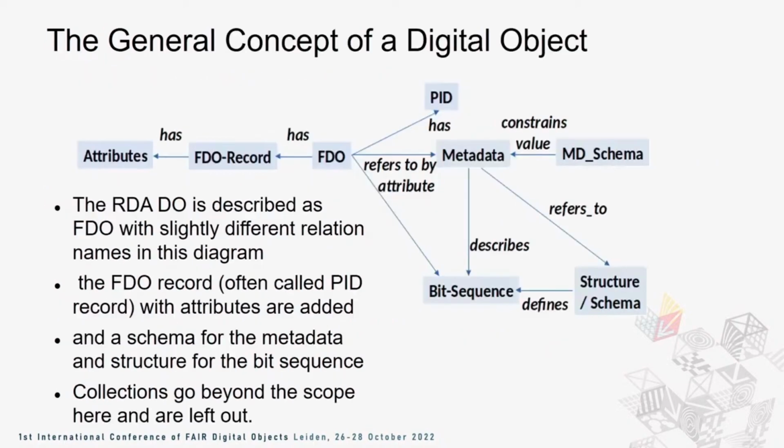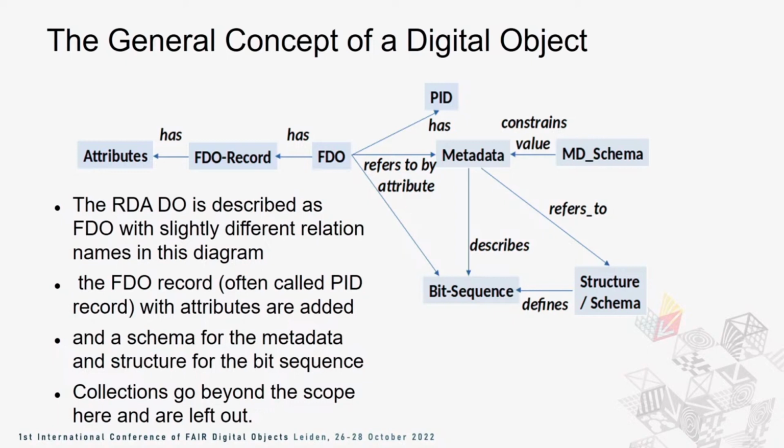The next slide, please. General concept of a digital object again. So this is our view of what the outcome of RDA was. And you find here that, first of all, the digital object is an FDO, a FAIR digital object. But also there are two arrows from there to metadata and to the bit sequence.